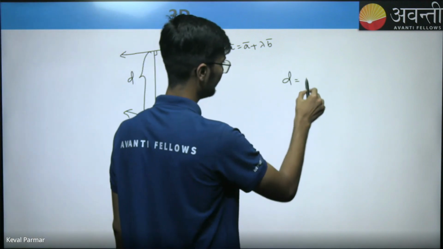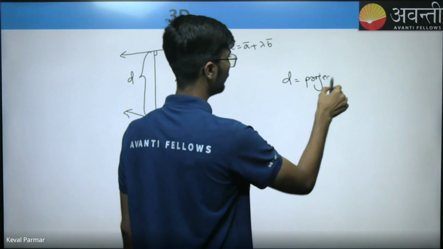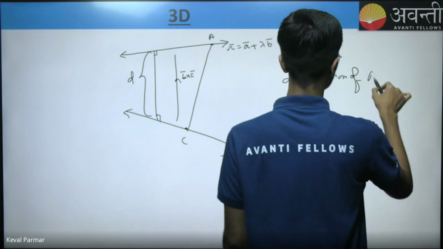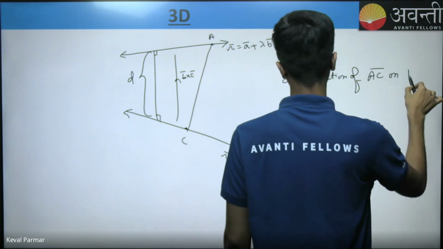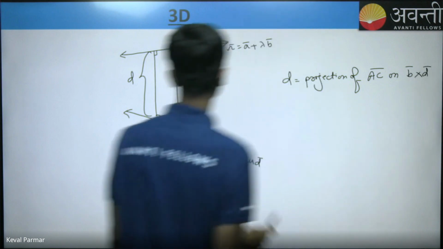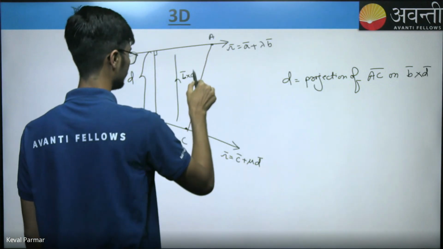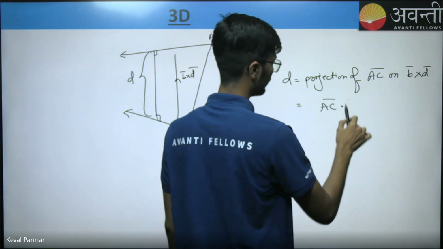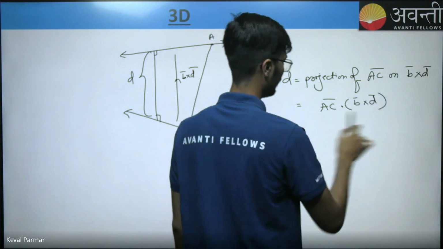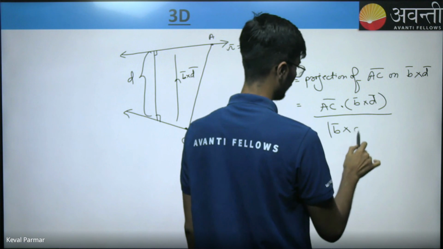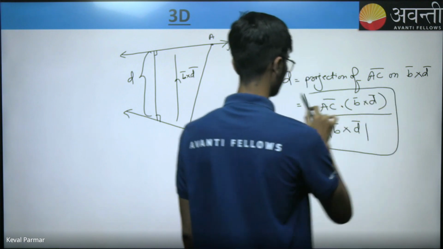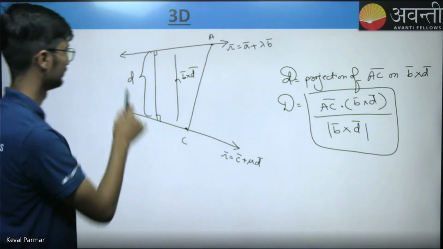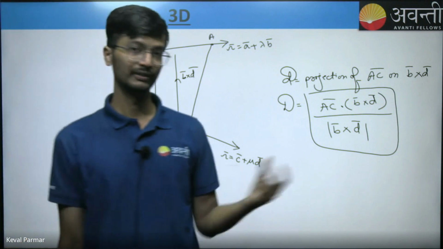D is basically the projection of AC vector on b vector cross d vector. So that means AC vector dot b vector cross d vector upon mod of b vector cross d vector. This is the distance, let us say capital D, the shortest distance. So this is a very important formula.